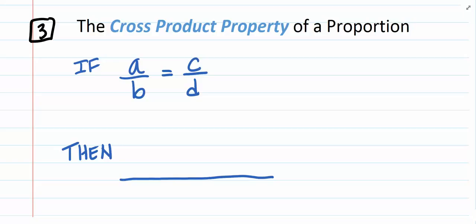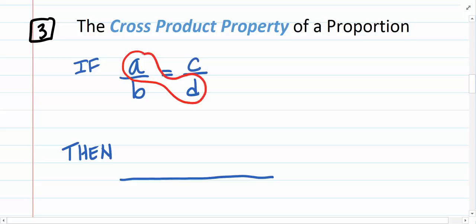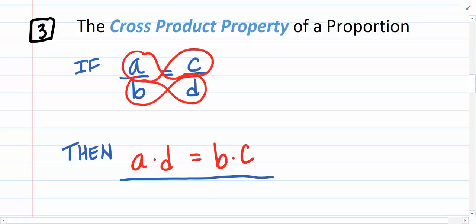The if part says that if two ratios are set equal to each other in a proportion, so notice I have this ratio and this ratio, and they're set equal to each other, so if I have A over B equals C over D, then it must be true that the cross product, A times D, has to be equal to the cross product of B times C. This is called the cross product property of proportion, and we're going to use this property to solve some examples coming up.